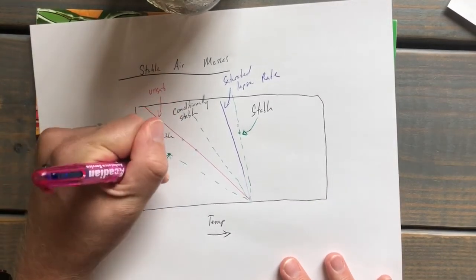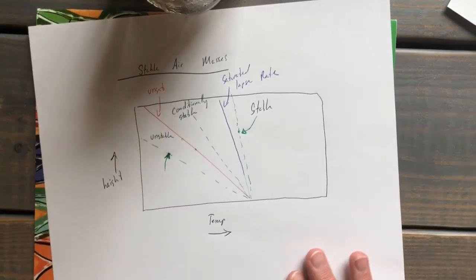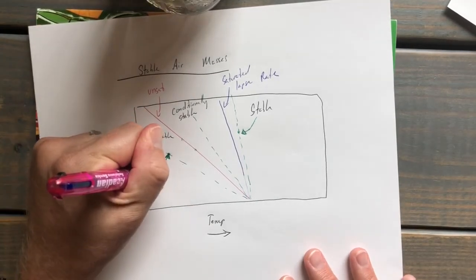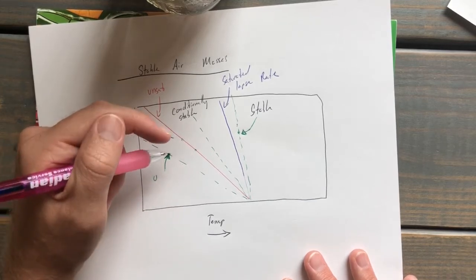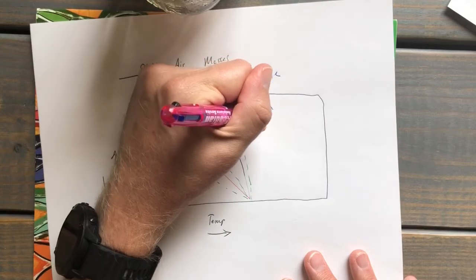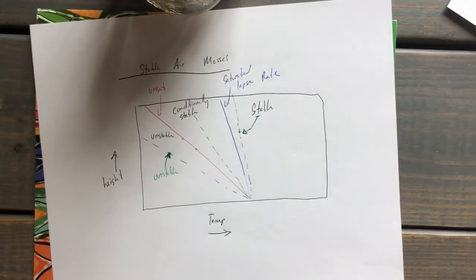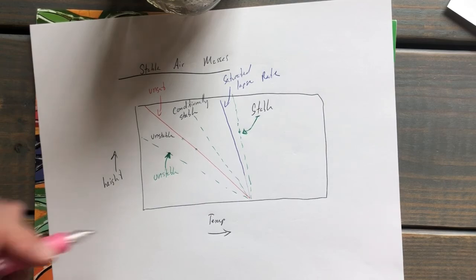So because it's warm and because that property is encouraging it to rise, rising air is considered unstable, whereas stationary air, non-rising air, is considered stable.